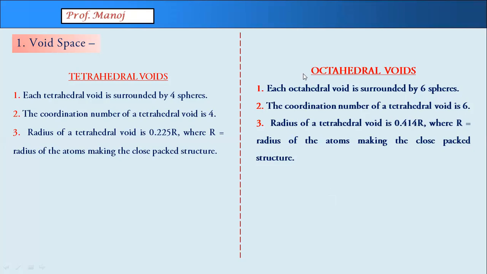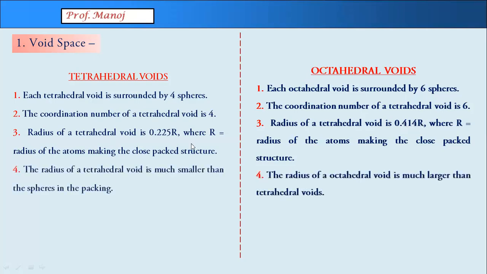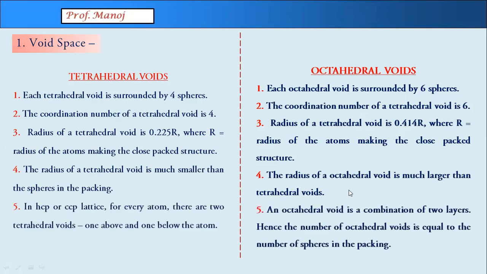Same way here, it's going to be 0.414 into radius. Overall, a tetrahedral void will be smaller compared to an octahedral void. And here we know the numbers as such, how many are produced. Please go through these paragraphs quickly. You can usually get some true or false statement, identify-the-statement questions on this part.